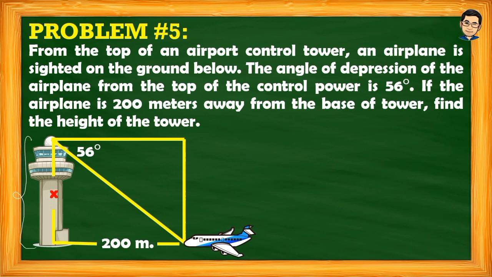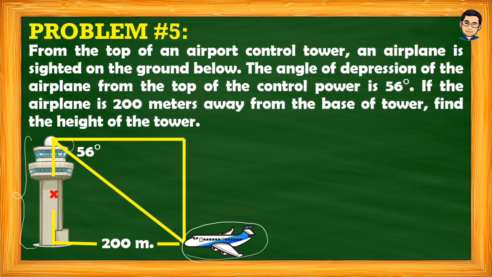And then yung airplane, ayan, nandito sa ibaba. So yung angle of depression from the top of the airport control tower is 56 degrees. So sa itaas, papunta sa ibaba, na nakikita niya yung airplane, nag-form siya ng 56 degrees na angle of depression.